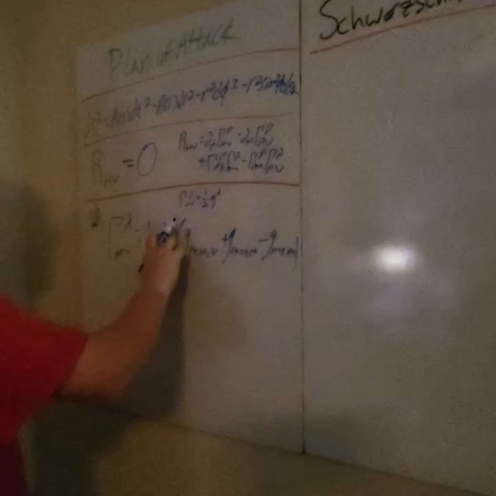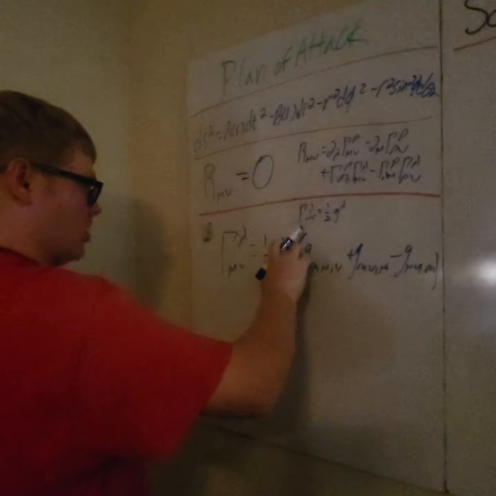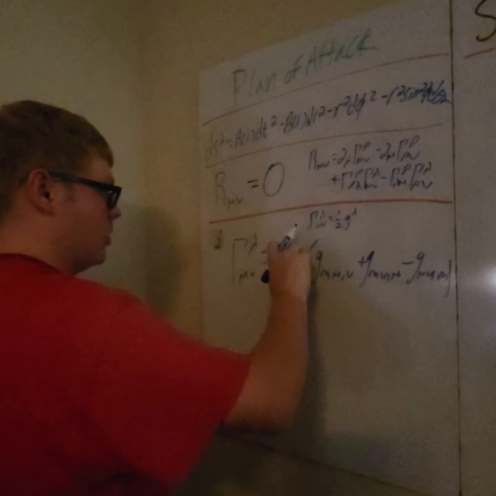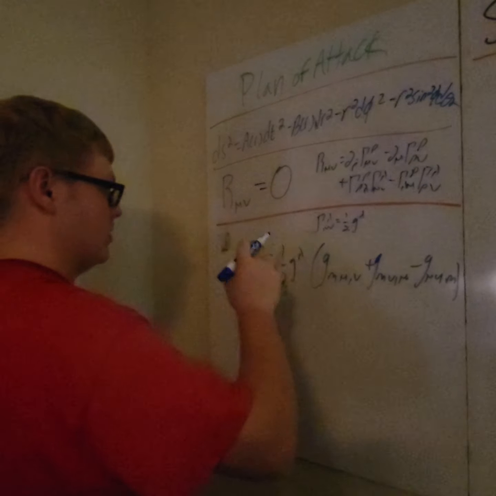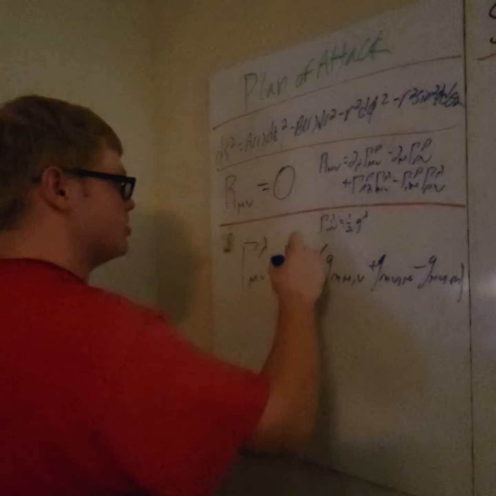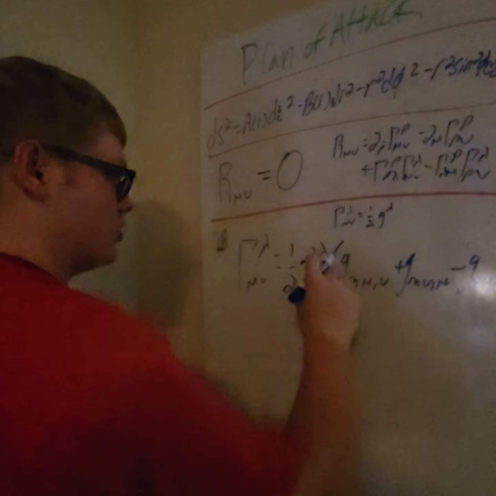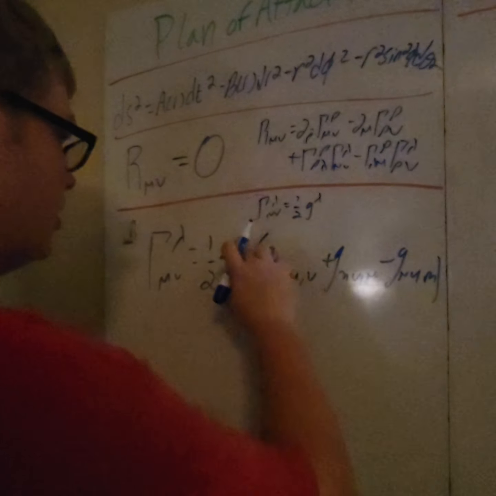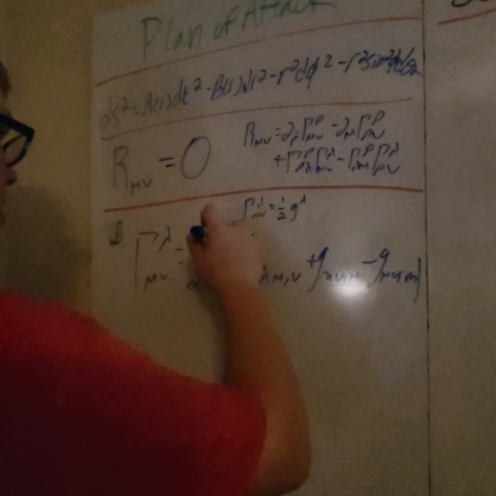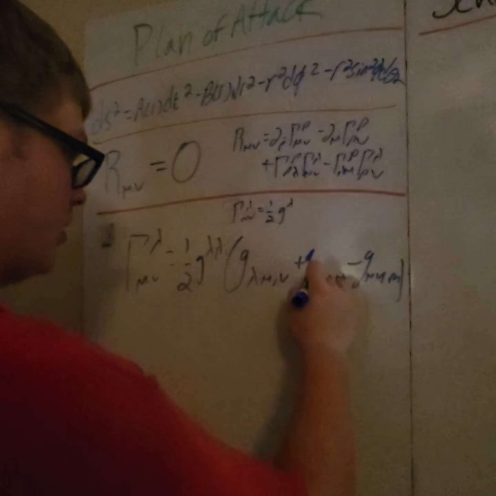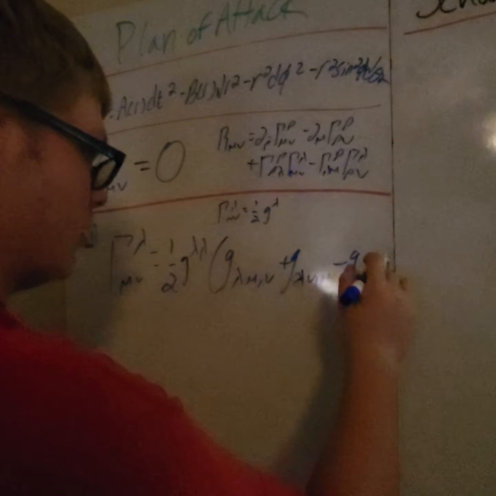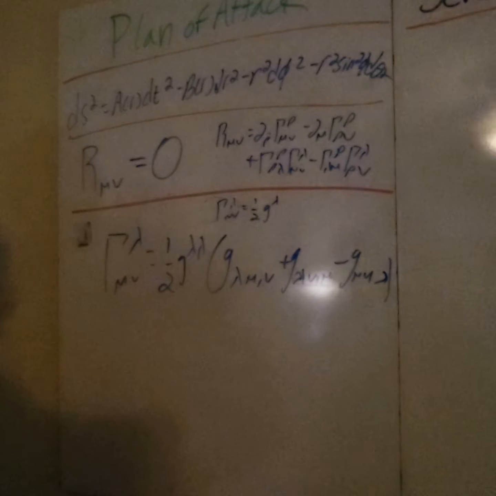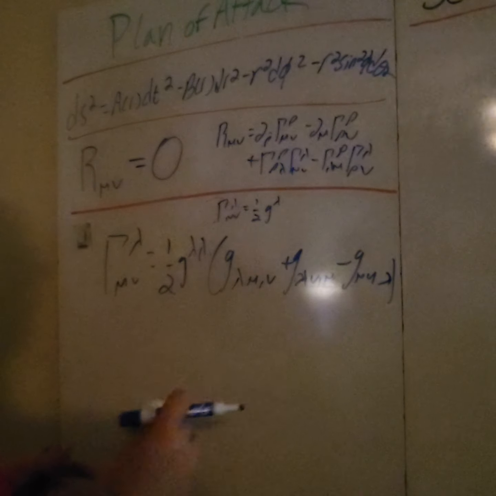Since our metric components are 0 unless mu equals nu, which is a great simplifying solution, we're just going to sum over lambda. So that'll be our Christoffel symbols.